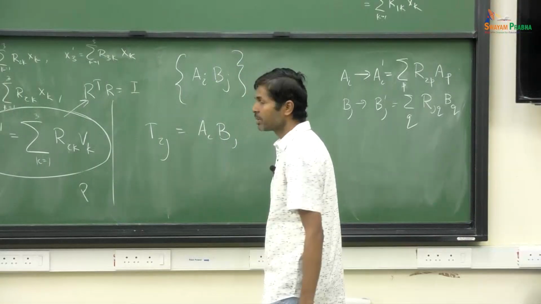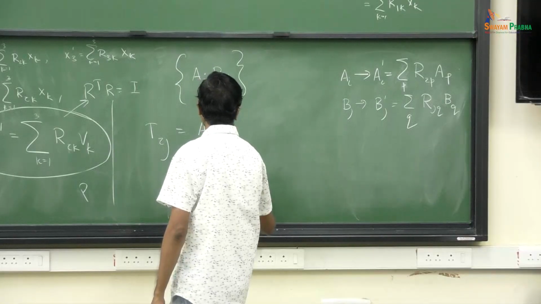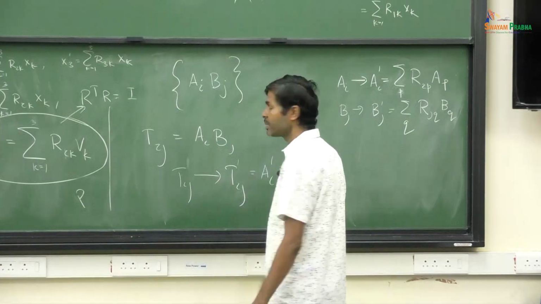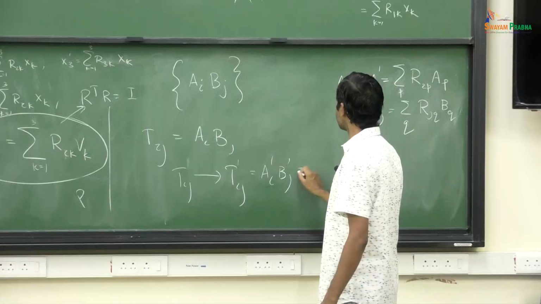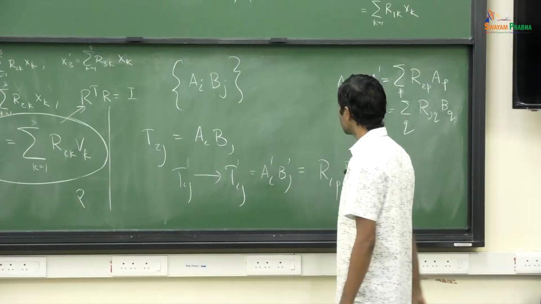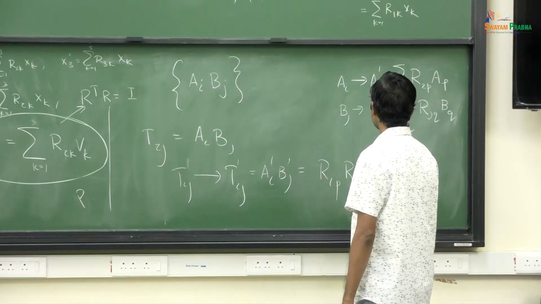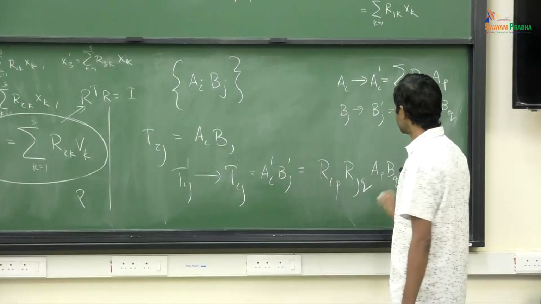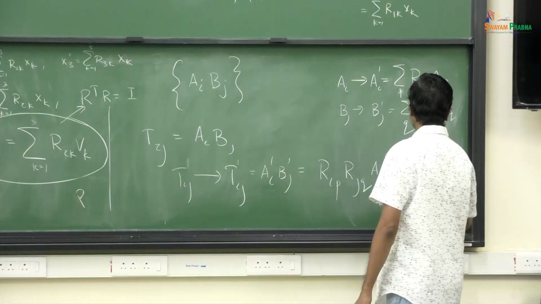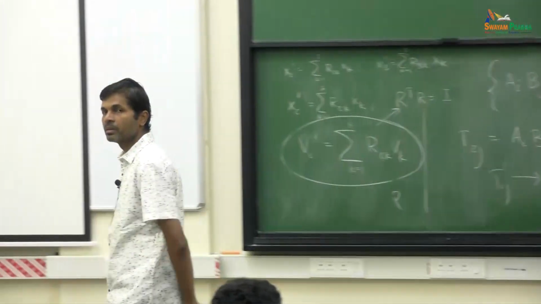How do they transform? Tij goes to T prime ij, which is Ai prime Bj prime, and this quantity is R_ip R_jq Ap Bq, which is R_ip R_jq T_pq.